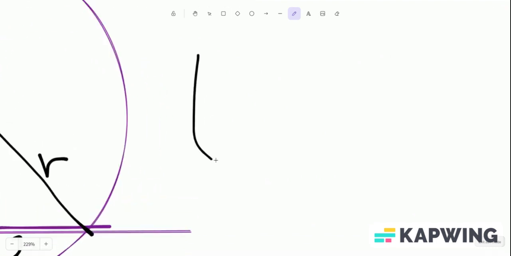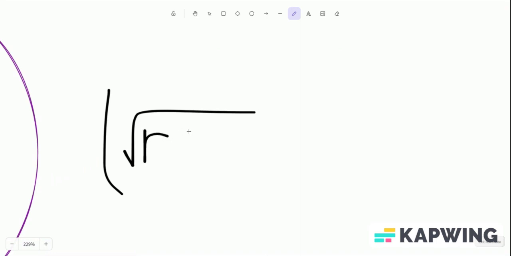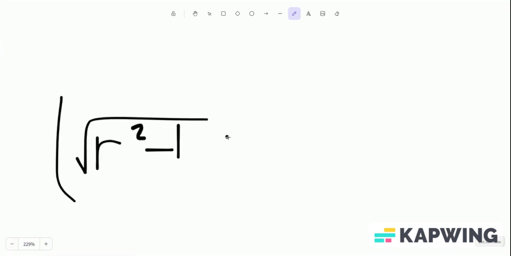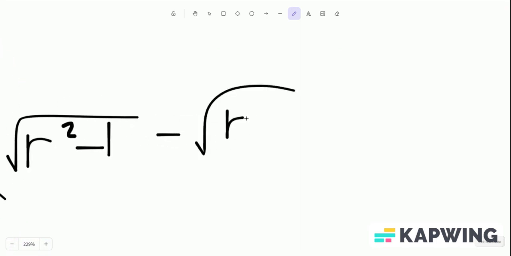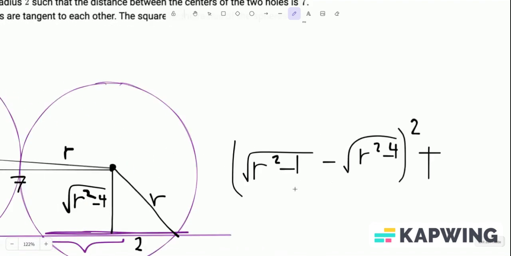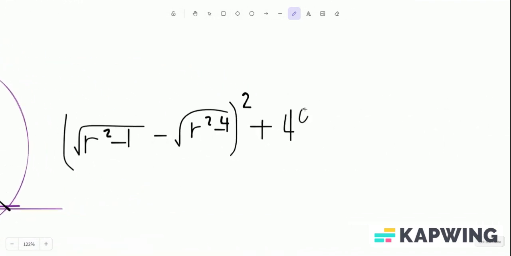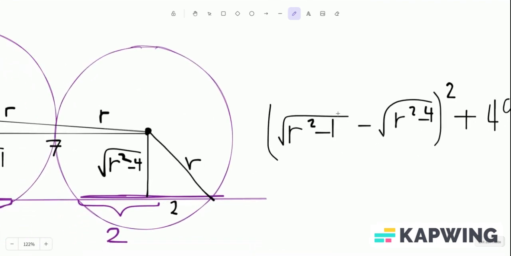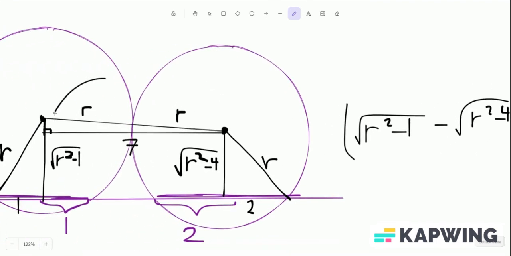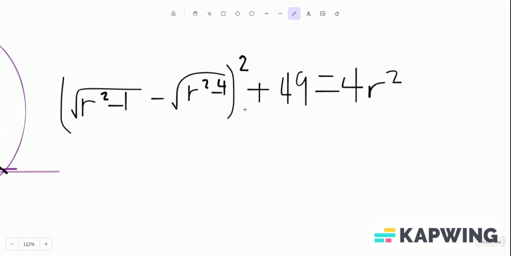So the difference of these heights is the square root of r squared minus 1 minus the square root of r squared minus 4, squared, plus 7 squared, which is 49, equals, this side is just 2r, the hypotenuse. So squaring it gives 4r squared.